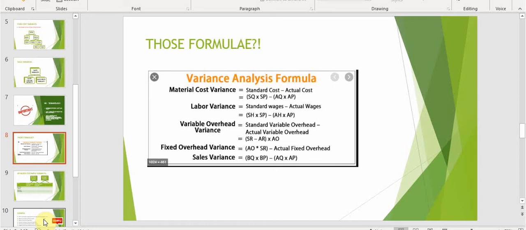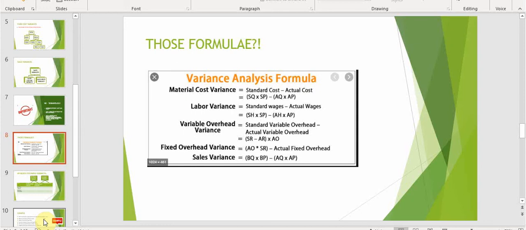So I am not saying that the formulas are incorrect. They are mathematically very accurate. However, they do not work for the majority of the calculations that I've seen students do because there are many of these to remember. You mix them up and then you fail standard costing, not because it's hard, but because you are in a situation where you can't remember.